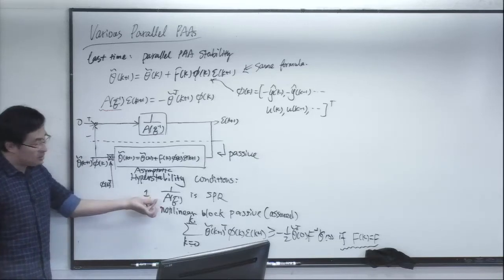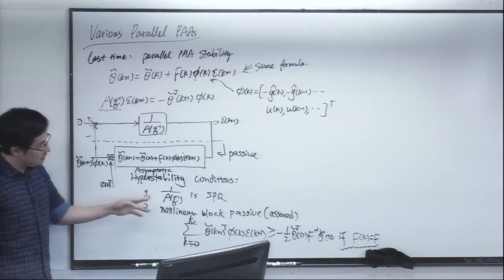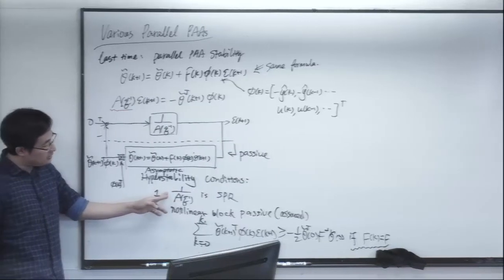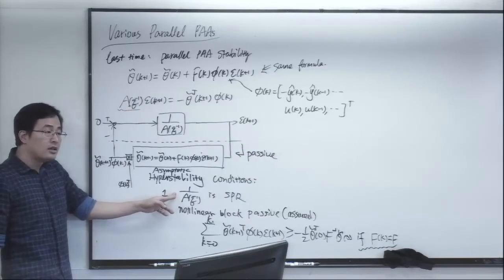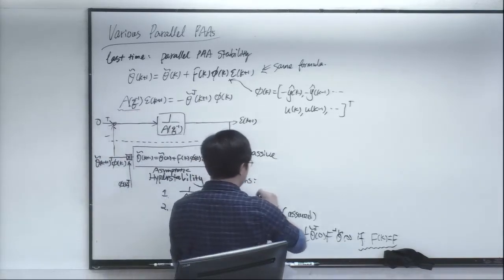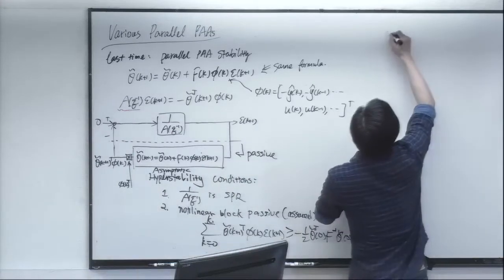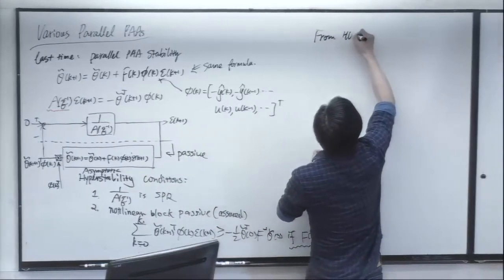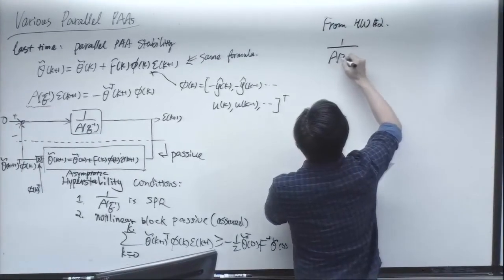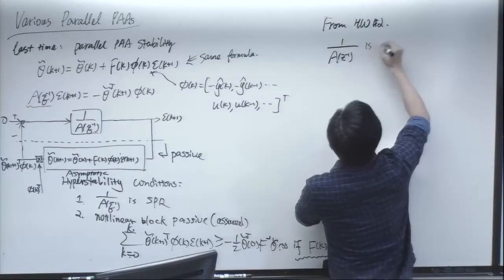Let's think about these two conditions a little bit. The first one, in your recent homework, you did an exercise. For a transfer function that looks like this, it is going to be guaranteed to be SPR under certain conditions. The homework write-up is as follows.